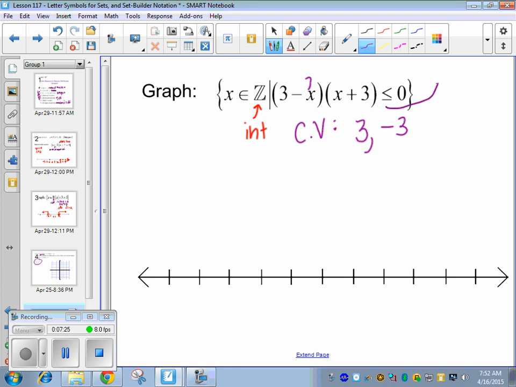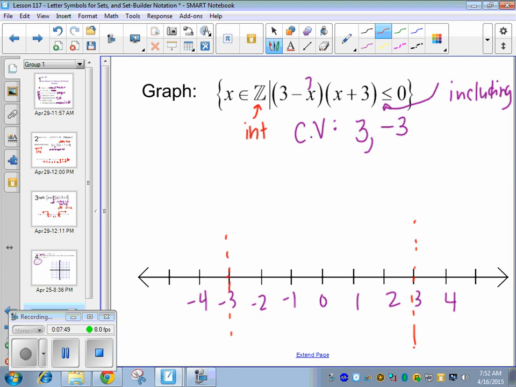And because there is a line here, we are including our critical values. So let's number our number line. So I would have split my graph up by 3 and negative 3.